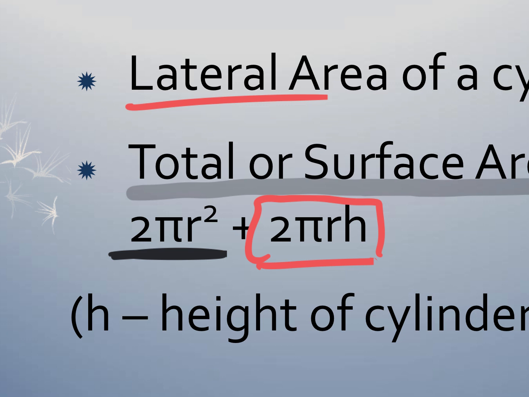That looks similar to the area of what? Of a circle. So check this out. It's the area of a circle, but it's a little bit different. Do you guys agree? How is it different? It's got the 2 in front of it. It's multiplied by 2.